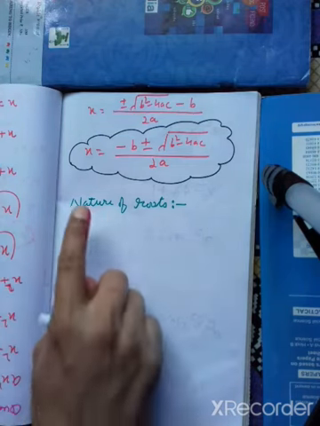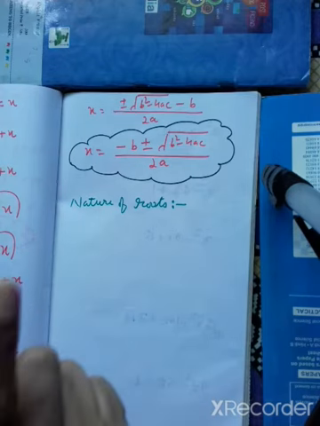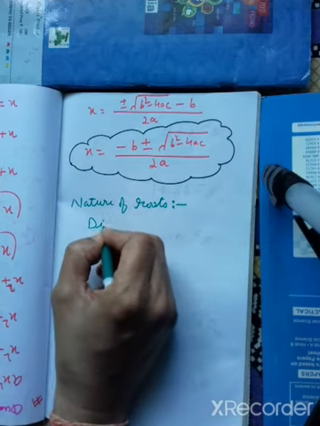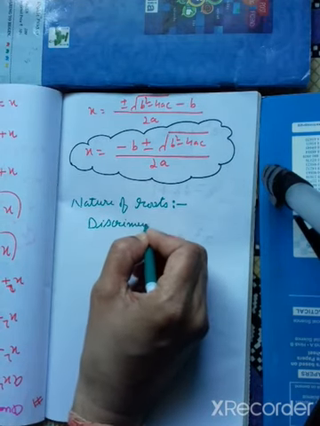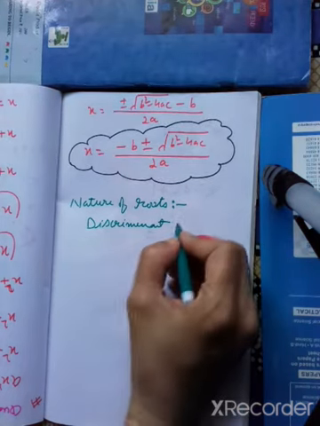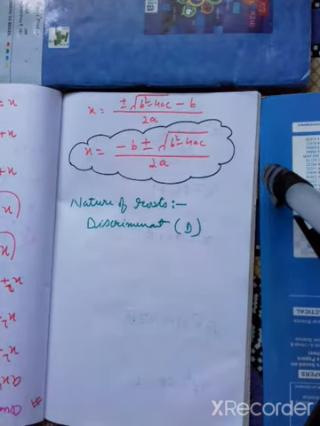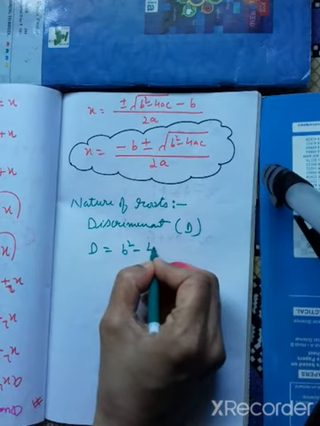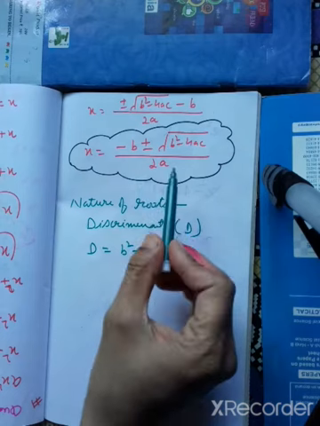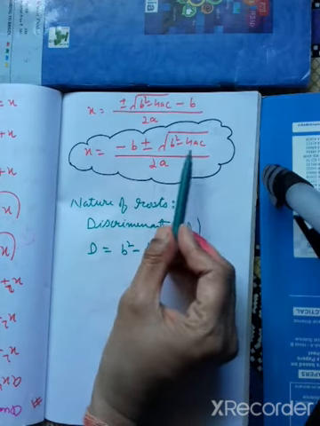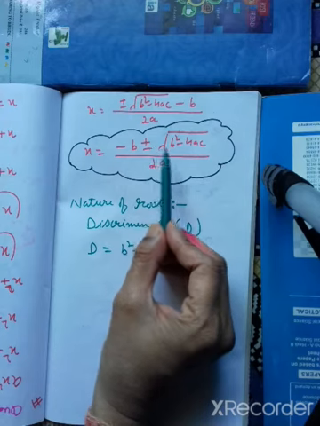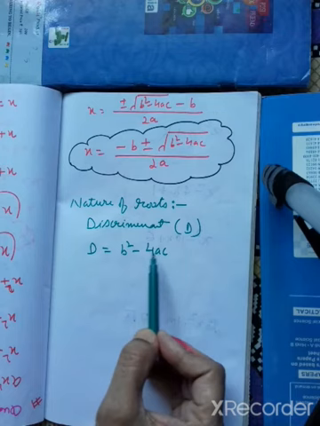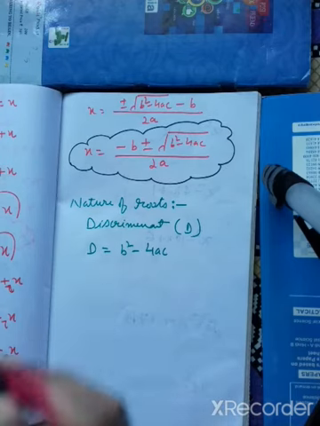That we find by a formula, a small thing that we call the discriminant, denoted by capital D. What is the discriminant D? D is equal to b square minus 4ac, which you can see here in the formula. This is called the discriminant. It will tell us which type of roots a given quadratic equation will have.